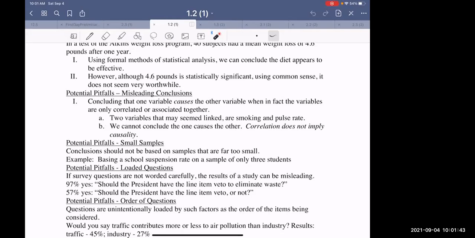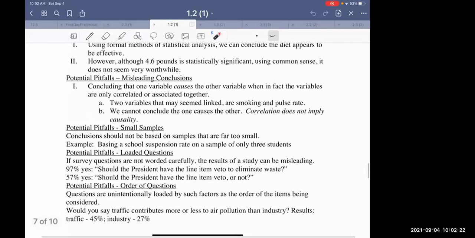In this class, I'm going to say, oh, this is statistically significant, and that really is all I'm going to say. But once you exit this class, there may be other things to consider besides statistical significance. There's also a practical significance. And we're not going to do that because there's no way for me to know what you are looking at to see what is practically significant, what makes something okay.